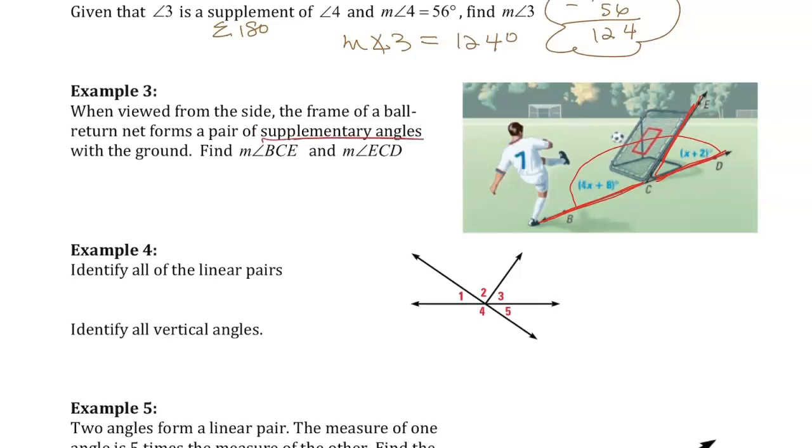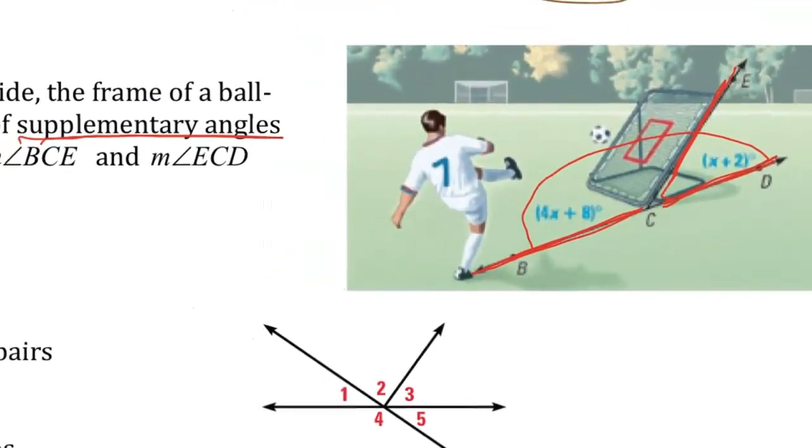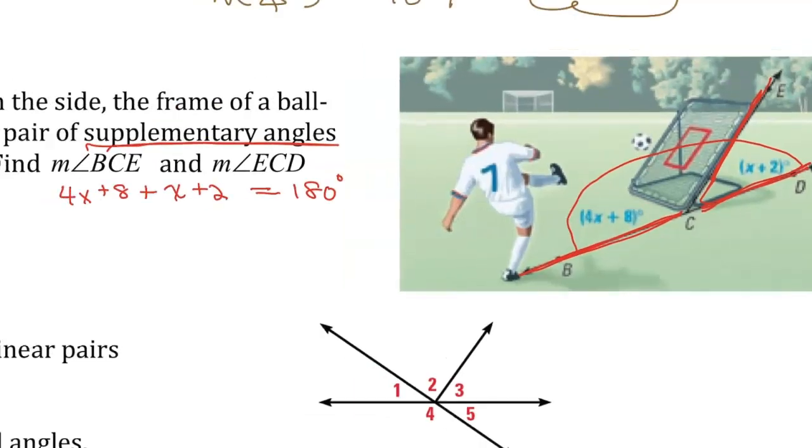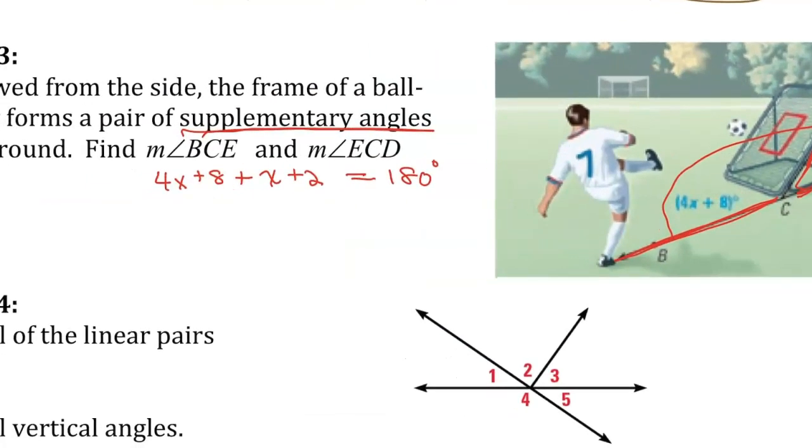Those are the angles of which they speak. So since they're supplementary, let's make this bigger. I can say that 4x plus 8 plus x plus 2 are going to equal 180 degrees. Don't set them equal. Add them together to get 180.